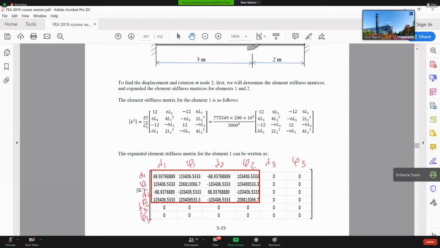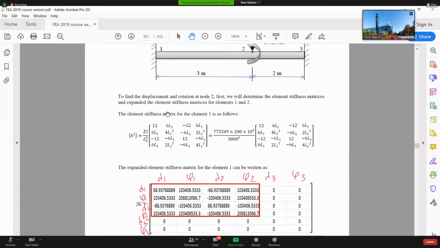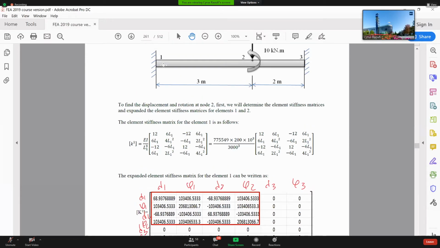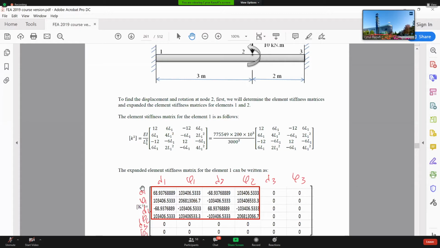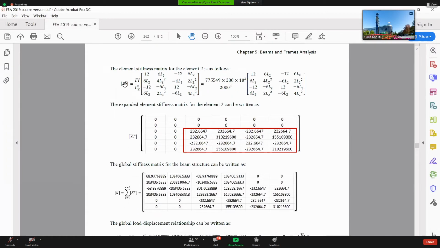Now I'm going to see what nodes element 1 is connecting. Element 1 is connecting node number 1 to node number 2. Then this is the node 1 and 2 area, and this is the node 1 and 2 area. This is the area where I'm going to put this matrix. We're going to continue.